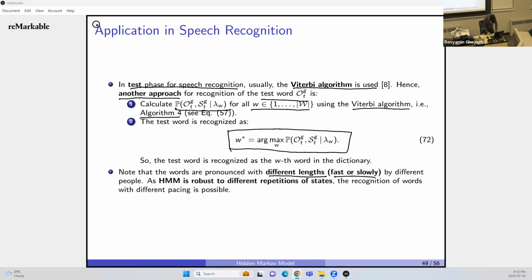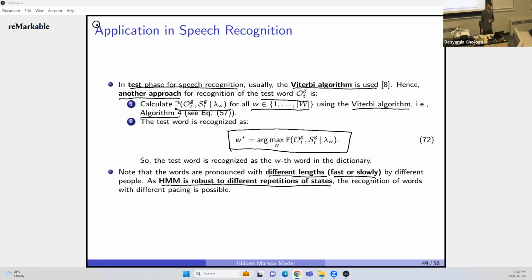So with different lengths by different people, HMM is robust to different repetitions of the states. When I say hello very fast, then maybe for h, e, l, o, I have 4 states.